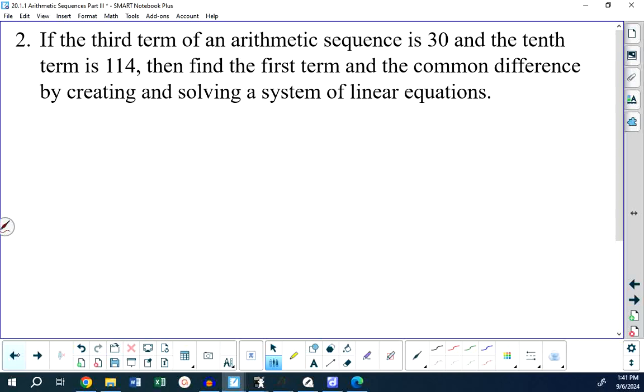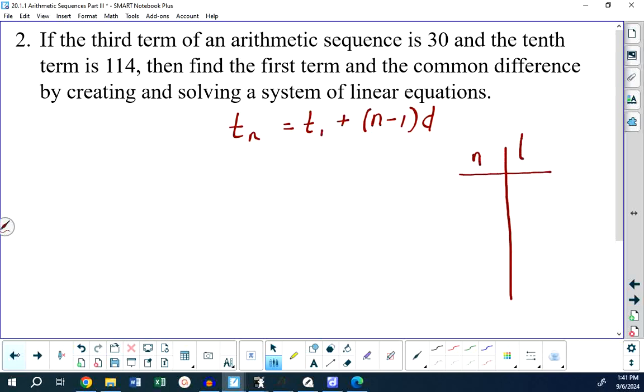So all I'm going to do is take this general formula and I'm going to put in 2 sets of variables. I have this statement. I want you to mentally digest why, based on the question, I'm saying n equals 3 and t sub n equals 30.